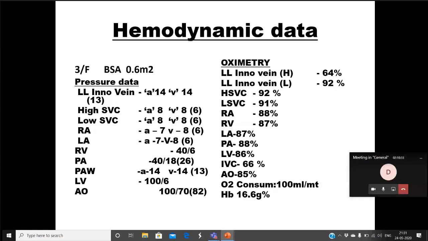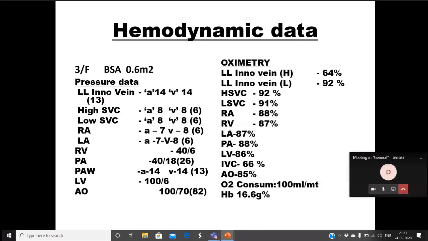RV end diastolic pressure is 10, it's elevated. Is there any abnormal equalization of pressures? Yes, sir, RV pressure is equal to LV pressure equal to aortic pressure. So all these three pressures are equal.